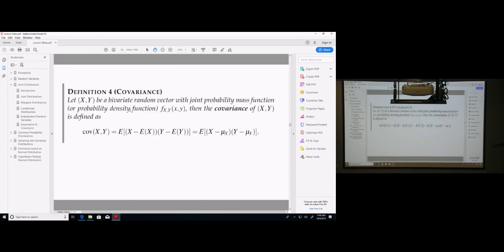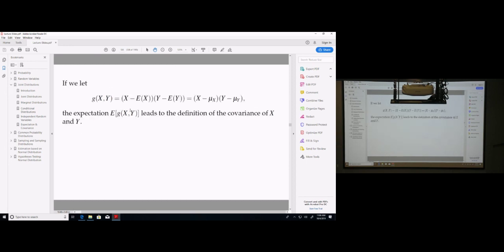All right, so this is the definition. I pick a particular function in this form: the excess of one variable over its own mean, and the excess of the other variable over its corresponding mean. If this one is bigger than mu x, and they are positively correlated, then the other variable will also tend to be bigger than her own cohort, all right?